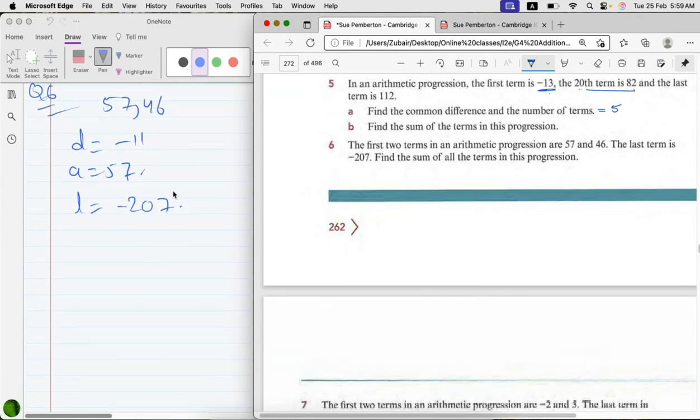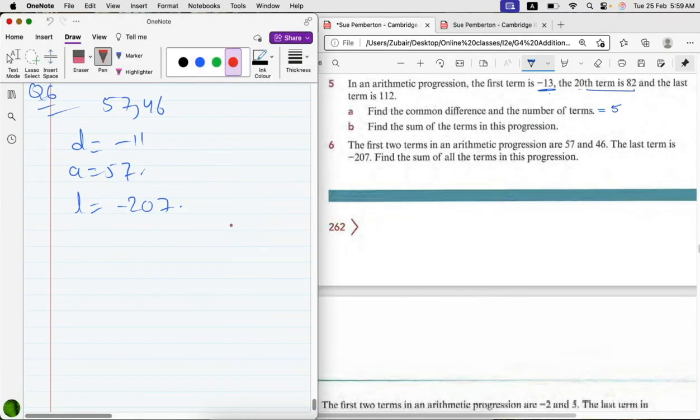57 and 46, so we just subtract them to find the difference between each of the terms. That's negative 11. And the last term is negative 207. Afterwards we could just figure it out from the general formula, right? Yeah. But we don't know the number of terms. We can find that with the other formula.